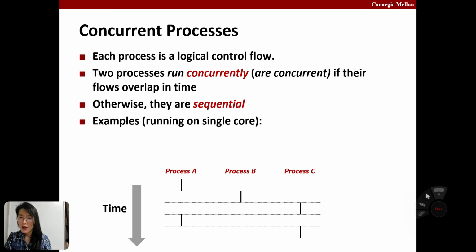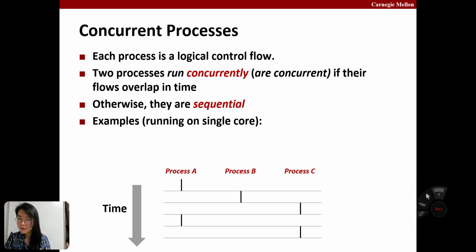So the CPU schedules each process according to its time policy and the quality of experience of each user, right? So process A starts, but in the next time slot, process B joins and process C joins.